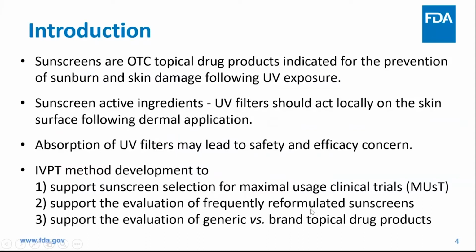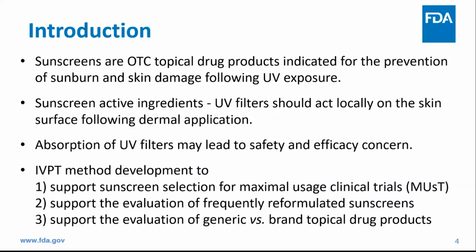Sunscreen products contain UV filters as active ingredients to prevent sunburn and skin damage following UV exposure. Although sunscreens are supposed to act locally on the skin surface following topical application, many UV filters have been detected in systemic circulation, which cause safety concerns.